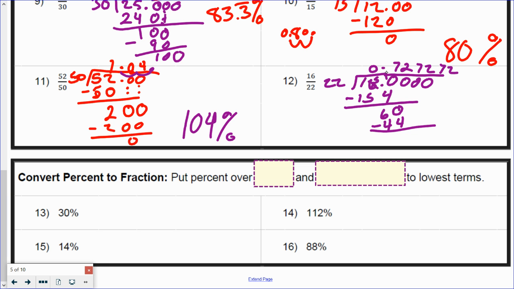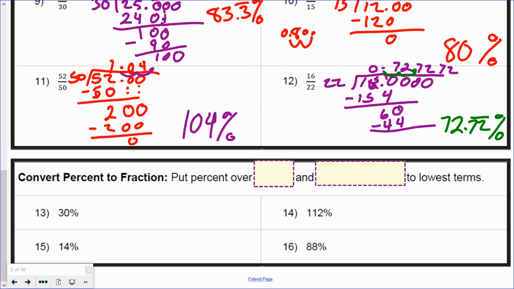So my decimal actually goes right here. We could say we have 72 and 72 hundredths repeating percent. Okay, and because we're going to be dealing with money, to the nearest hundredth place value.